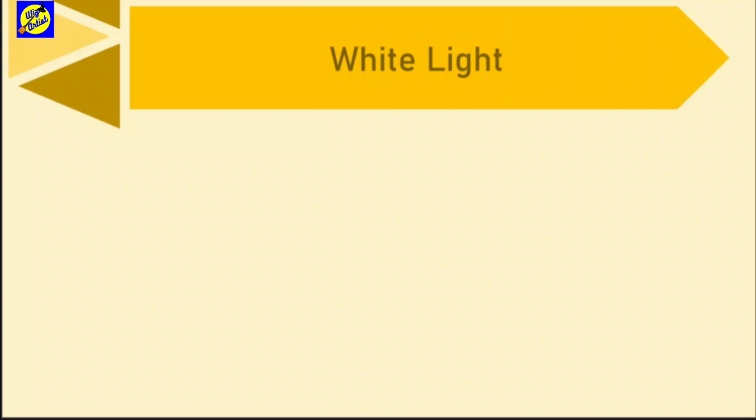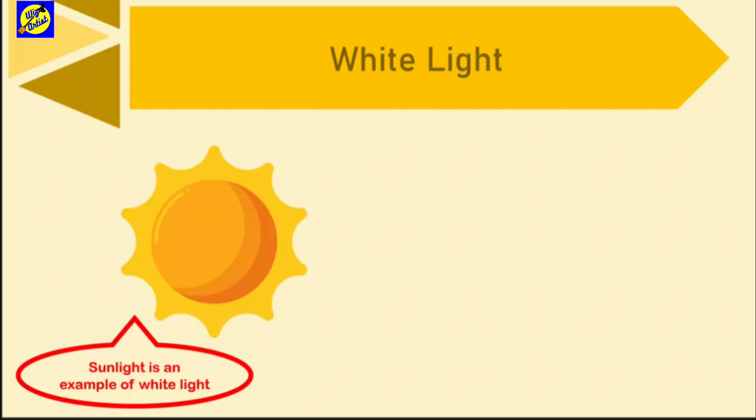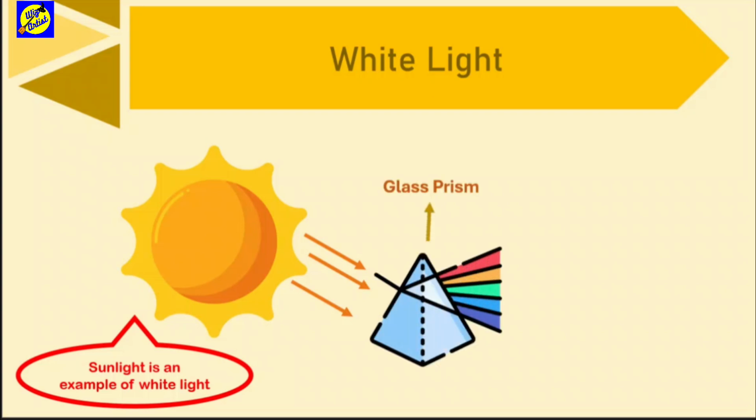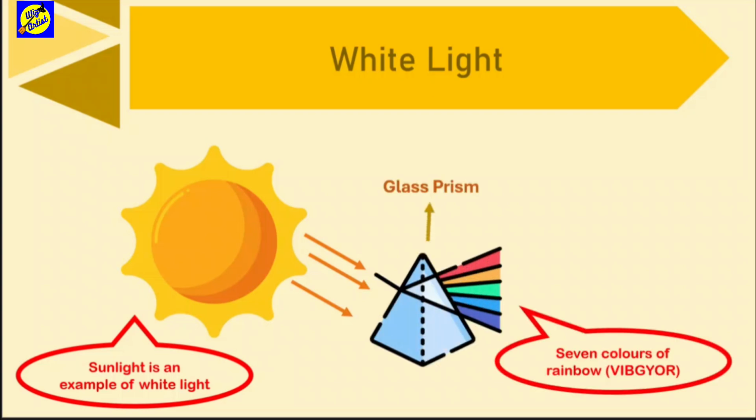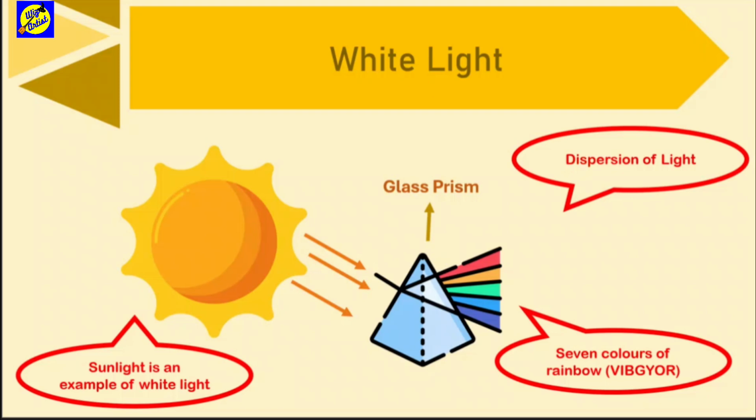Next, we have the concept of white light. The sun is an example of white light. When we pass the rays of the sun through a glass prism, the 7 colors of the rainbow are obtained. This means that the white light of the sun is dispersed. Dispersion of light is the phenomenon where a light is separated or dispersed into its constituent colors.